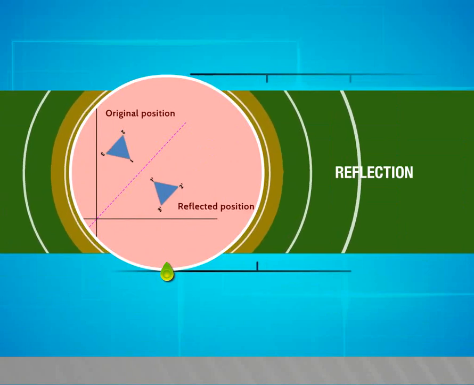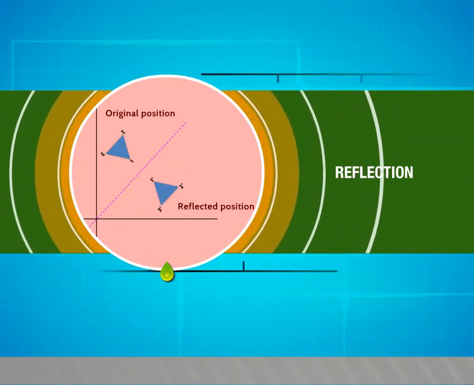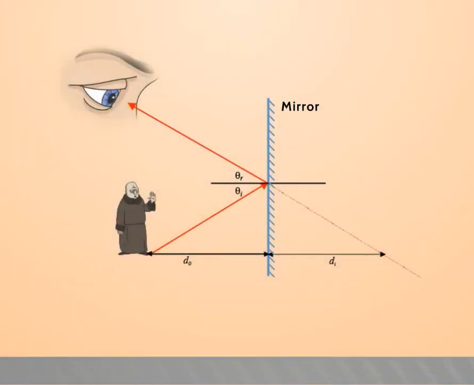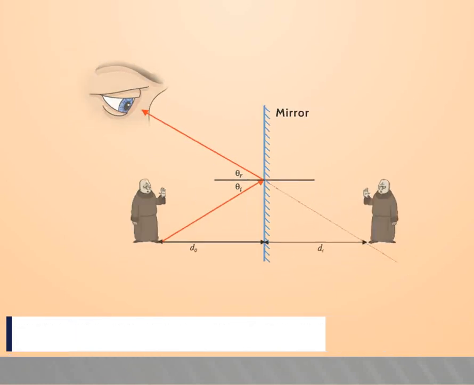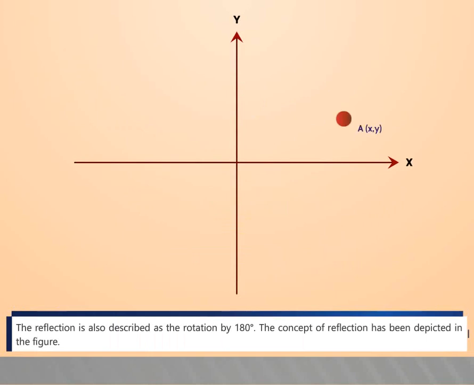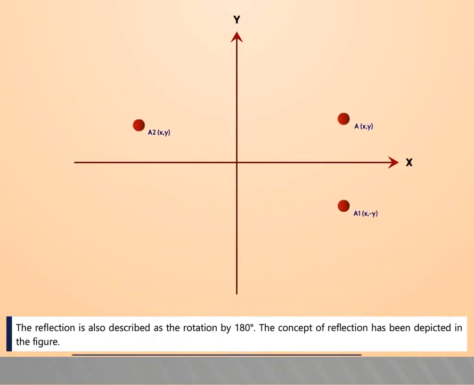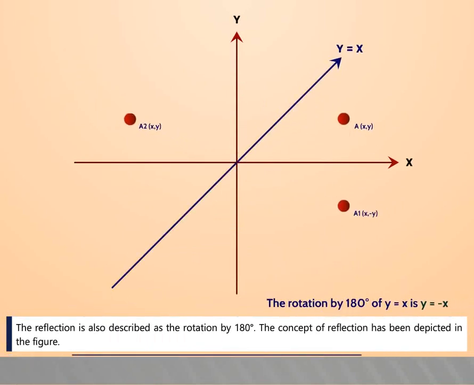Reflection. In this video, we are going to see about reflection. The term reflection means to simply reflect an object in a plane mirror. The image is made on the opposite side. The reflection is also described as a rotation by 180 degrees. The concept of reflection has been depicted in the figure.